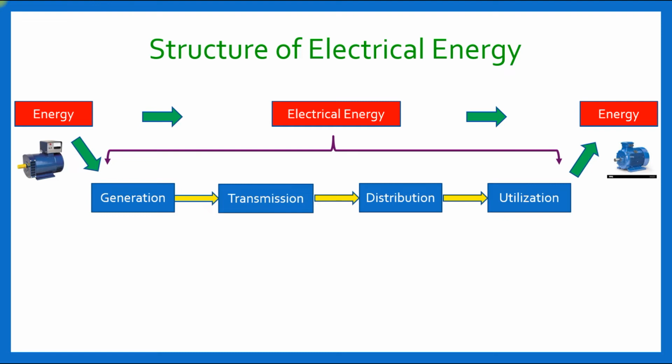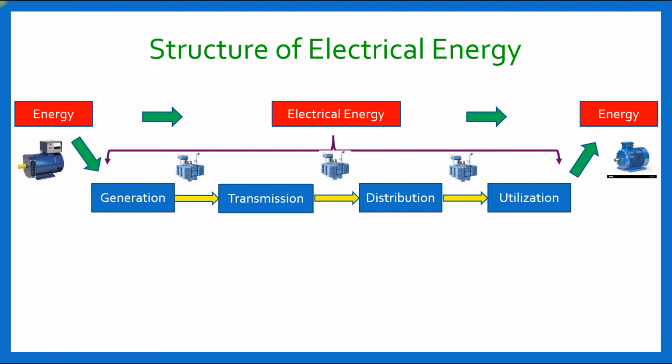But now, as we already discussed in the advantages of electrical energy, it is easy to transfer and it is easy to control also. Whenever the control aspect comes, where can we control electrical energy? It can be controlled everywhere.